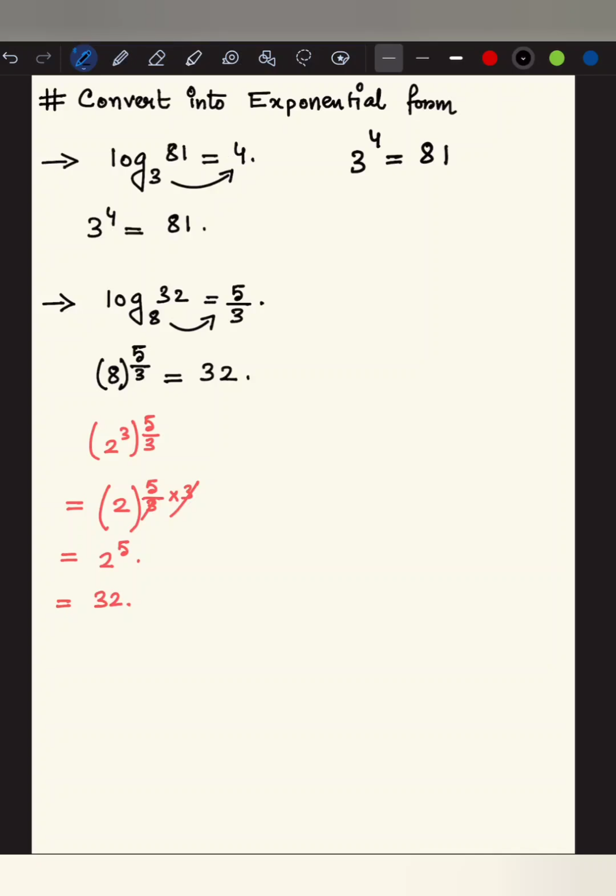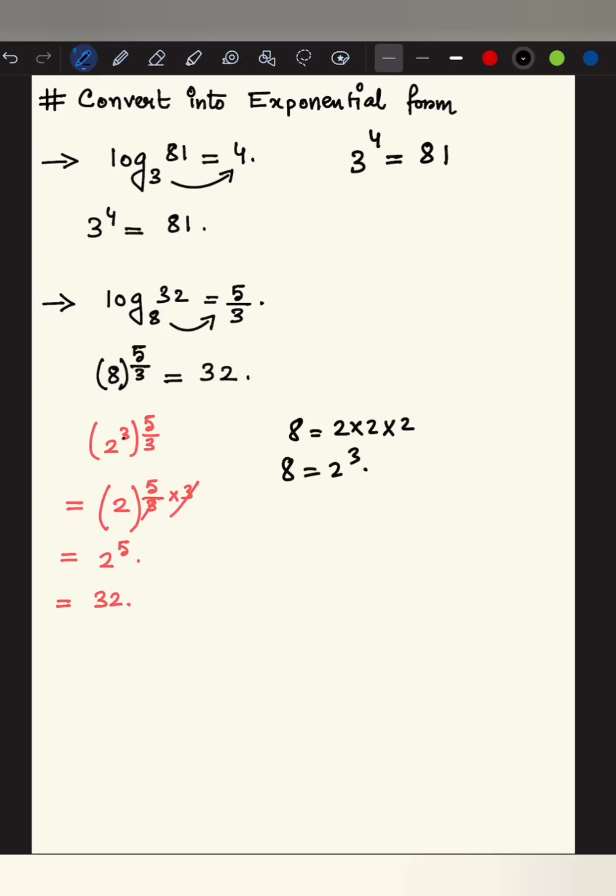Similarly, we are given log 32 base 8 equals to 5 by 3. So it will be 8 to the power 5 by 3 is equal to 32. Okay, we have written it like this, and then I have just simplified it a little bit further. 8 can be written as 2 into 2 into 2. That means it is nothing but 8 equals to 2 cube.